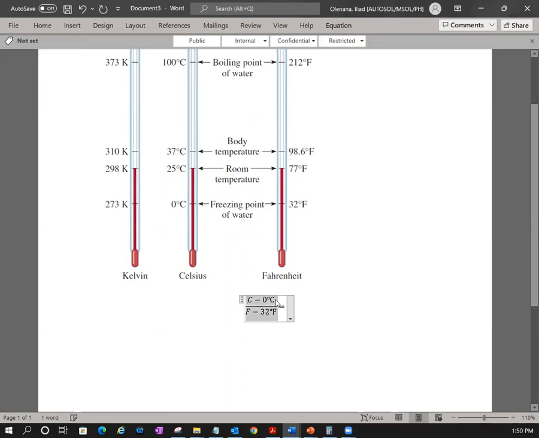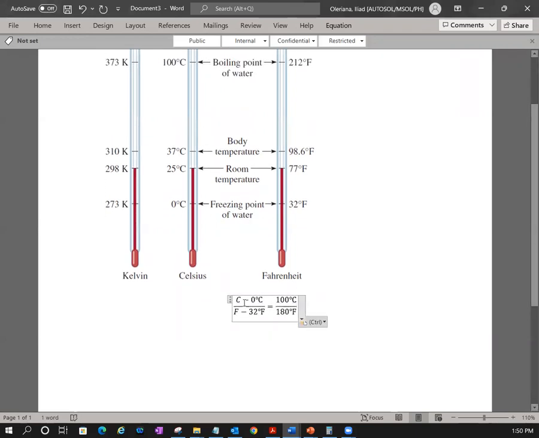Since ang numerator natin ay degrees Celsius, ang ilalagay natin, of course, ay degrees Celsius sa numerator din dito sa right side ng equation. At dito naman sa baba, sa denominator is yung scale ng Fahrenheit scale. So that would look like this.